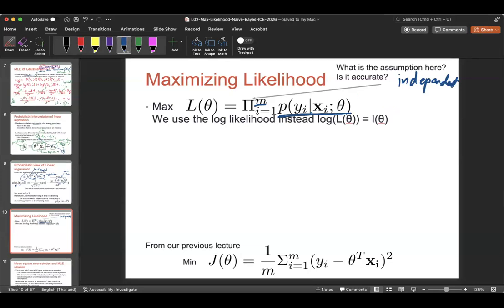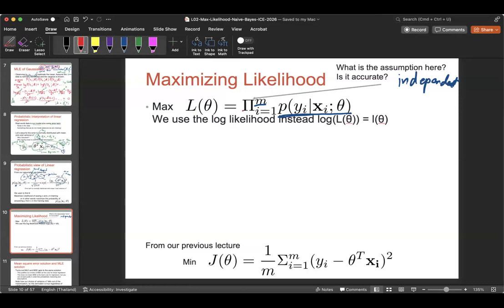Otherwise, you would have the joint probability of x1, x2, x3, x4, but because they are all independent, you get p(x1), p(x2), p(x3), a multiplicative form. So this is our likelihood.